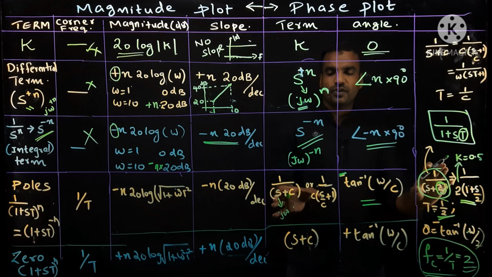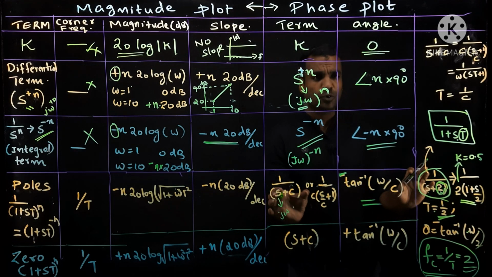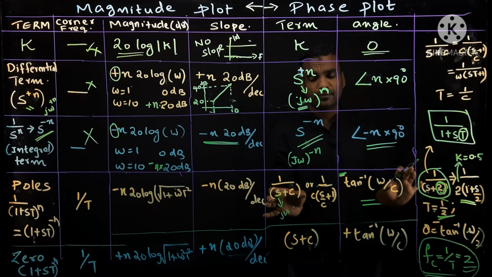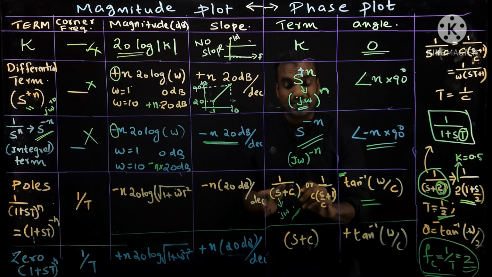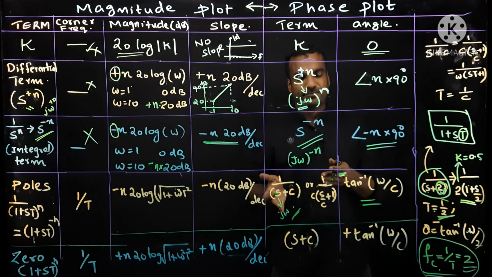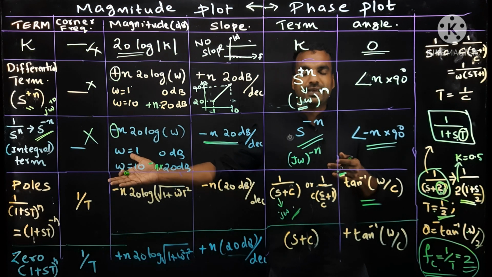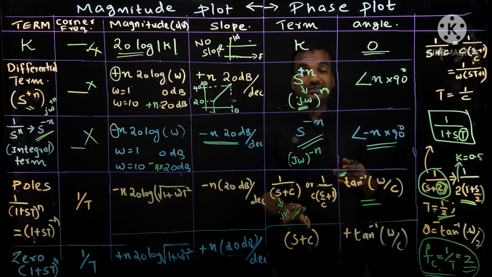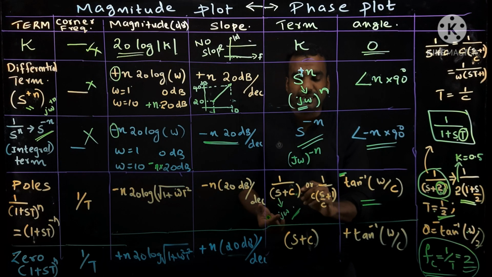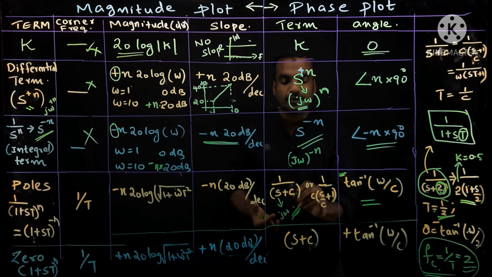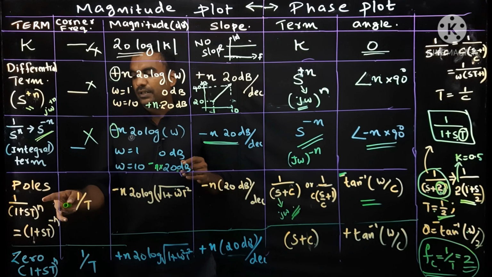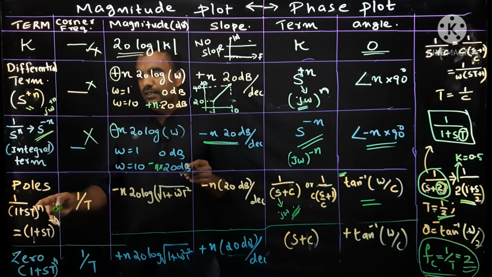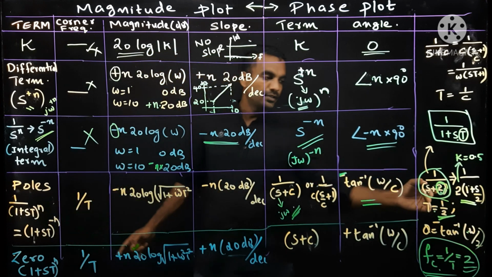And also for drawing the phase plot, I recommend you to keep the things in unstandard form. That will be easy. Initially you will make everything into standard form, but for considering the phase plot, it is better to keep the pole in the unstandard form. So a pole, suppose it is 1 plus sT, like this example.